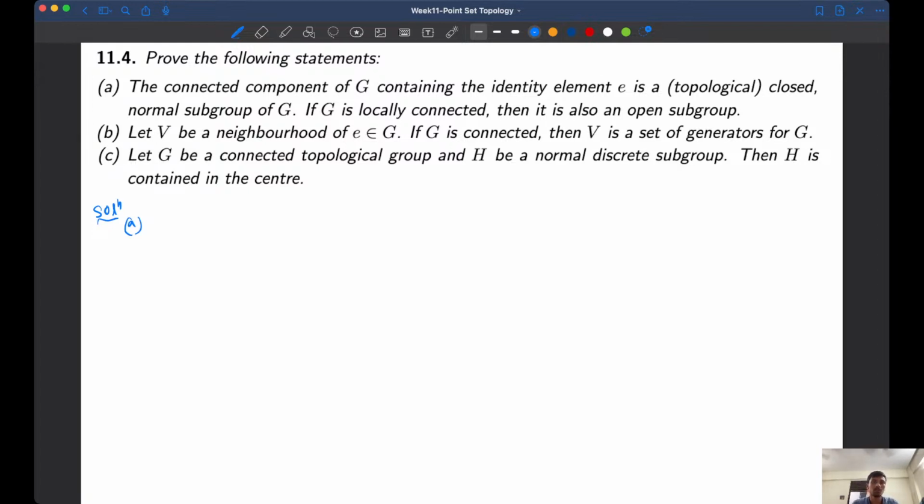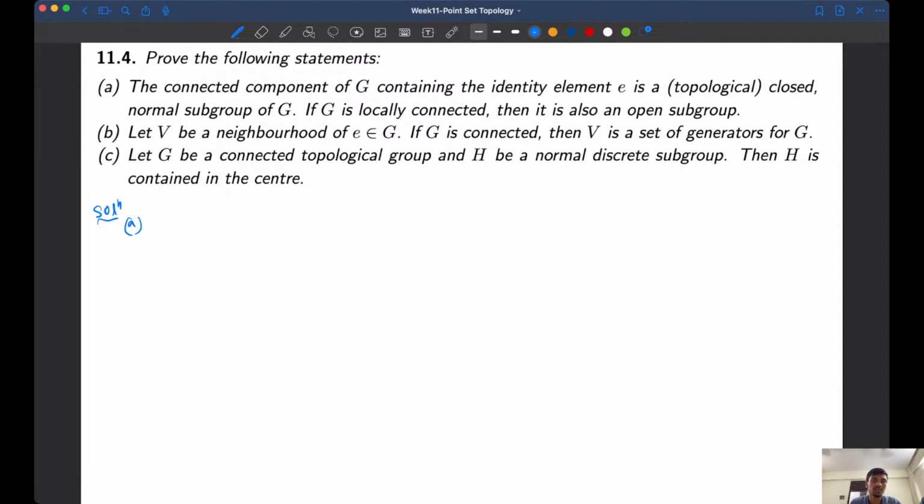Once you have a connected component, why is that closed? Are components always closed? We have also discussed this previously. If you have a connected component of any topological space, are connected components always closed? Components are by definition the largest connected set containing that point.